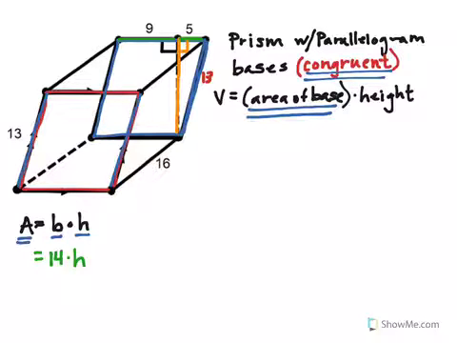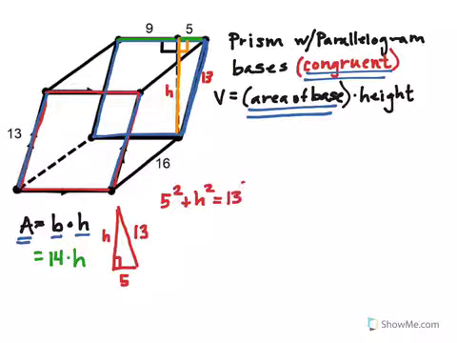If we pull this triangle out, it would look something like this, where the hypotenuse is 13 and this base leg is 5, and we can use the Pythagorean Theorem here to say 5 squared plus the height, this orange piece, the height squared is going to be equal to my hypotenuse squared. And then it's just solving from there. 25 is 5 squared, plus the height squared is equal to 13 times 13, which is 169.